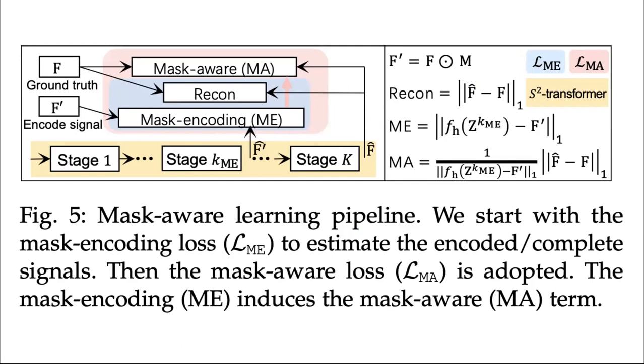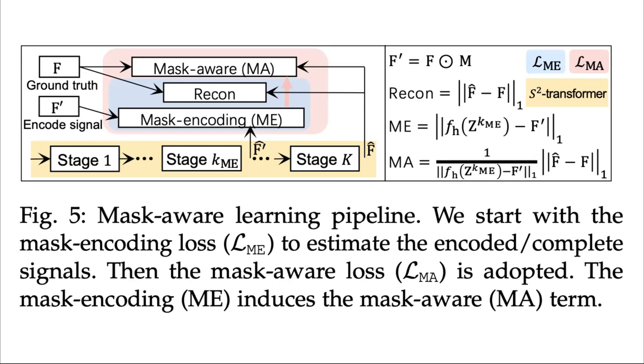So in curriculum learning, instead of training the model the same way across the whole training procedure, they increase the difficulty gradually for the training.